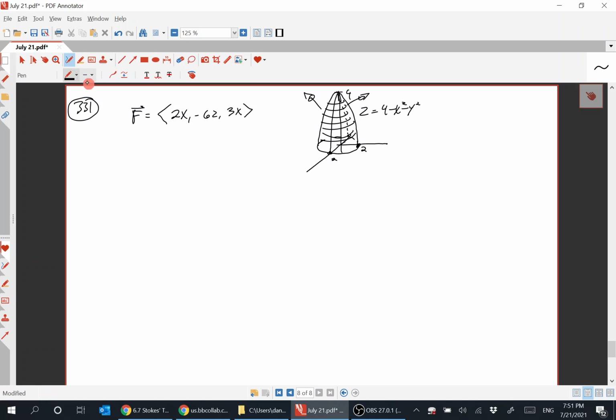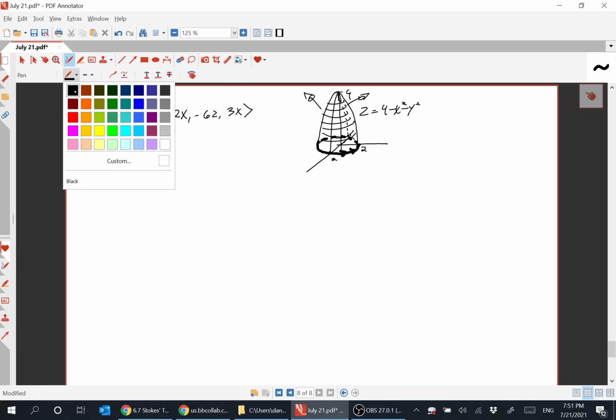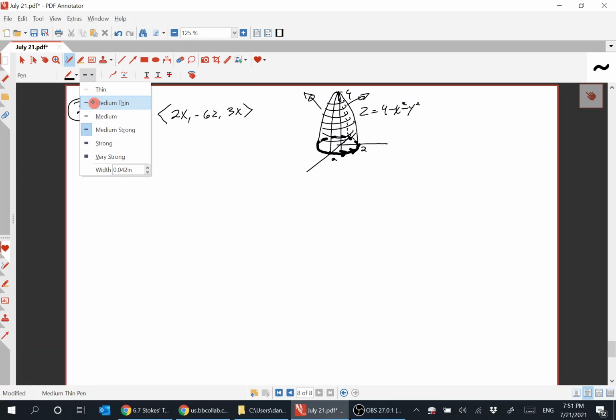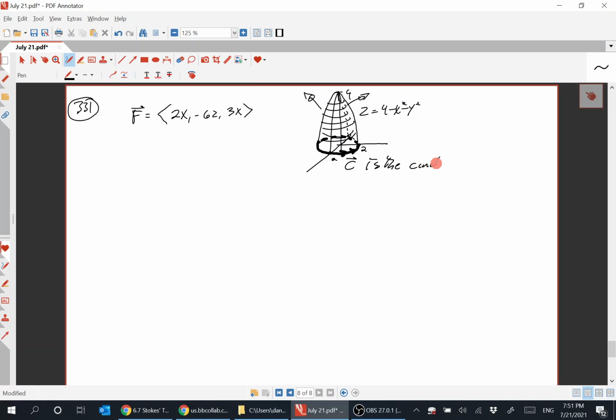So now the boundary curve is going to be the positive orientation of this circle down here. So again, C is just the circle of radius 2.